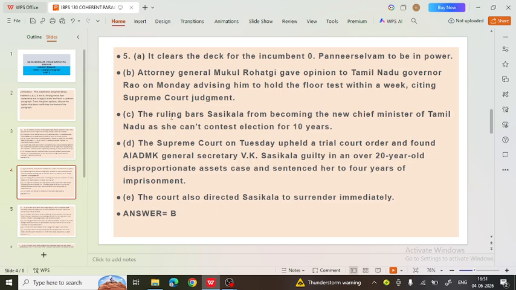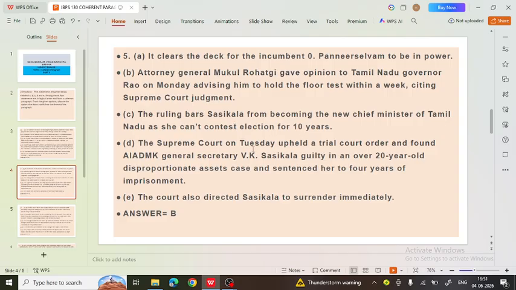Next option, the ruling bars Sasikala from becoming the new Chief Minister of Tamil Nadu, as she cannot contest election for 10 years.